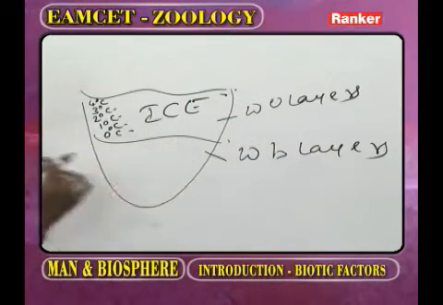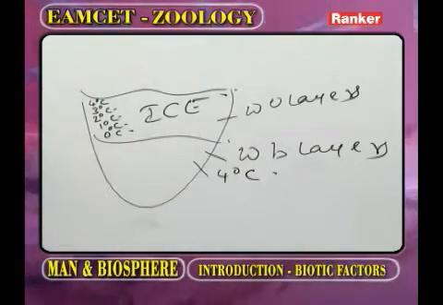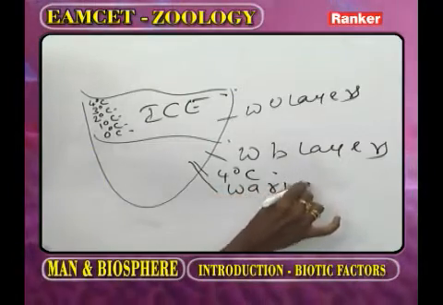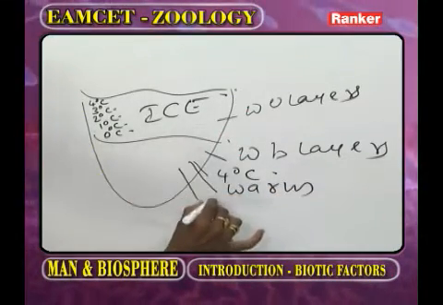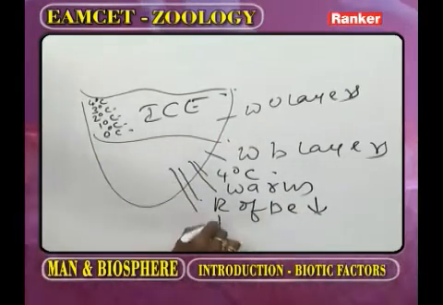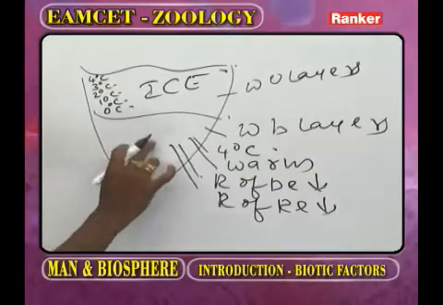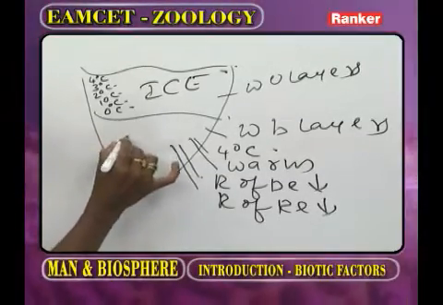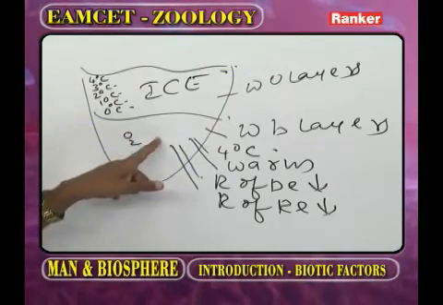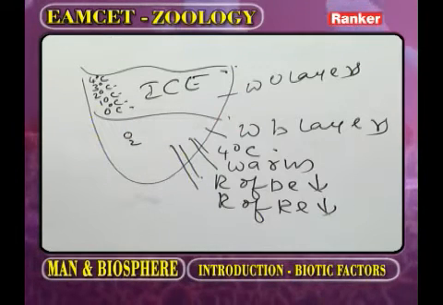In the bottom layers, this temperature is maintained. Here the water is slightly warm, the rate of decomposition is less, and the rate of respiration is less. So in the bottom layers, the oxygen is available. In the winter season, this bottom water is suitable for aquatic life.